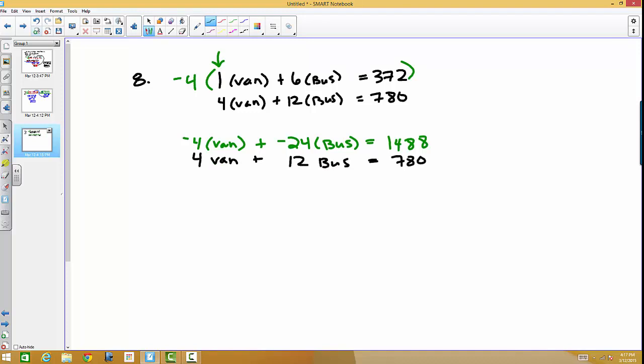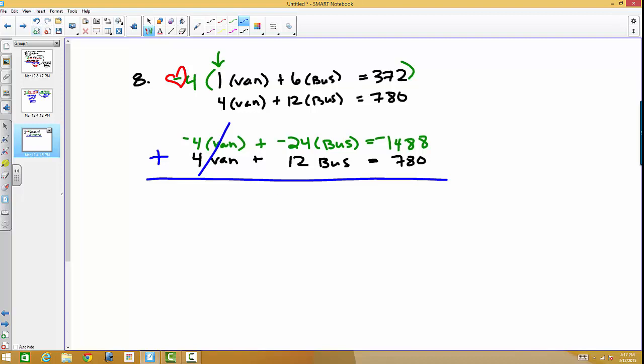That 1488 has to be a negative. Don't lose that negative. I suggest putting hearts around your negative so that you do not lose those. Alrighty, so we are adding, because these signs are opposite, we set this up to add so that that would eliminate.